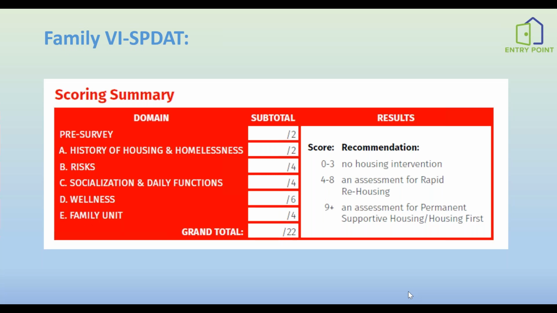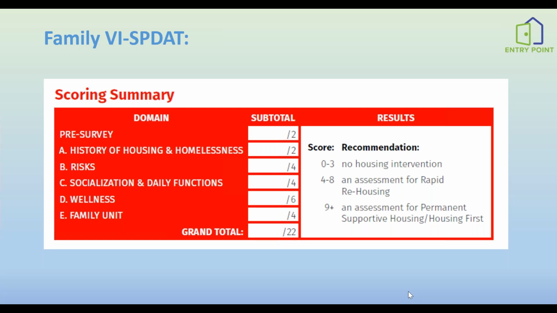Again, you don't need to score it, and you shouldn't be troubling yourself with what is in the results column, because we do prioritize housing for families with minor children over families that do not have minor children. That's already built into the prioritization rubric of suburban Cook County.